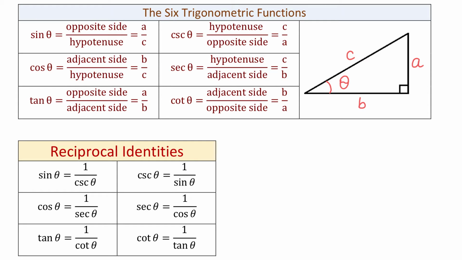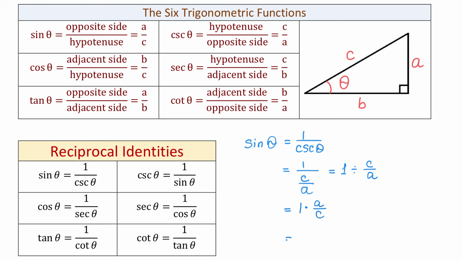I will write the first identity to the right, and this is sine of theta equals 1 over cosecant of theta. And now let's replace cosecant of theta with C over A. Then we will have 1 over C over A. We can also write this expression as 1 divided by C over A. And now we know that dividing by a fraction is the same as multiplying by the reciprocal of that fraction.